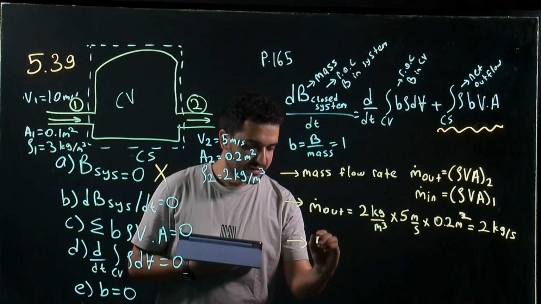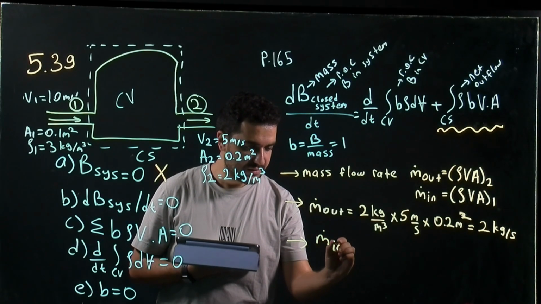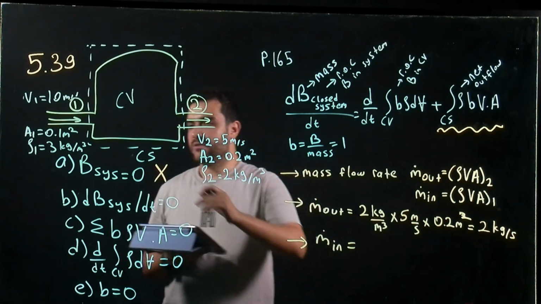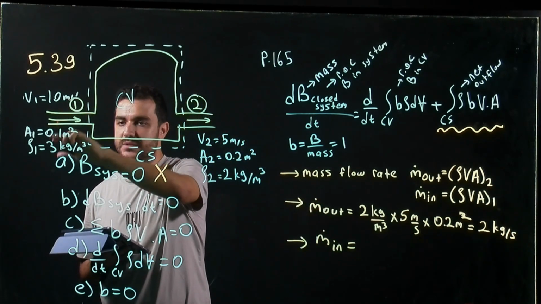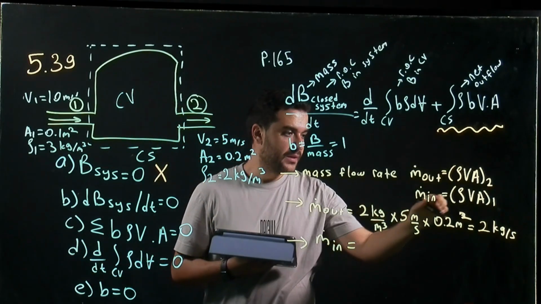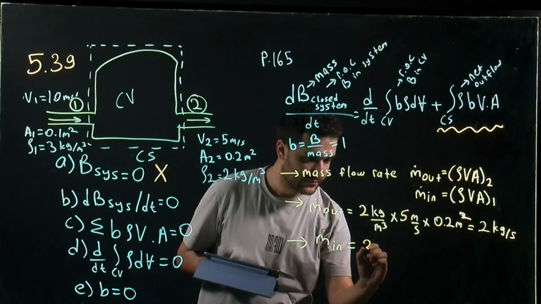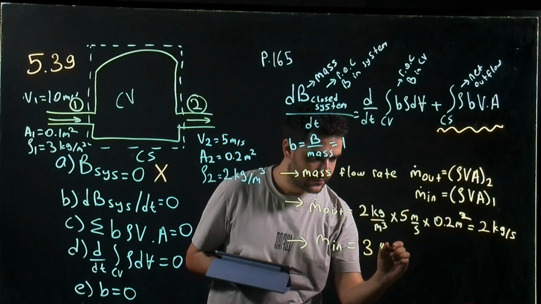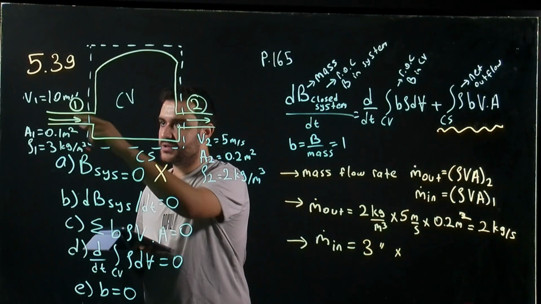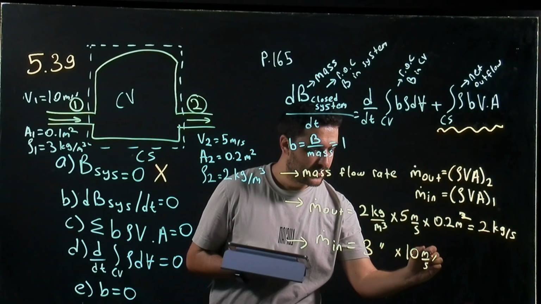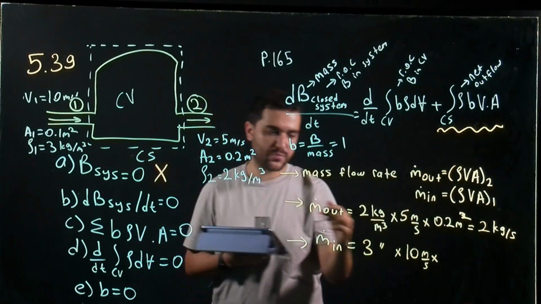So if you look at m in, this time we will be dealing with point 1, which is inflow. So we have rho as 3, velocity of 10, and area of 0.1.